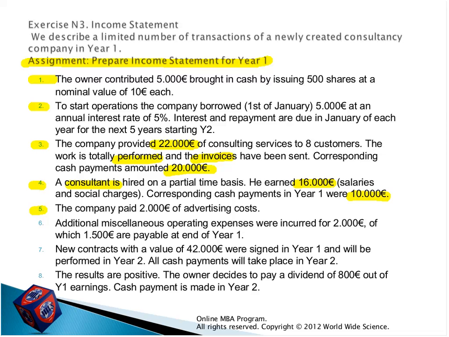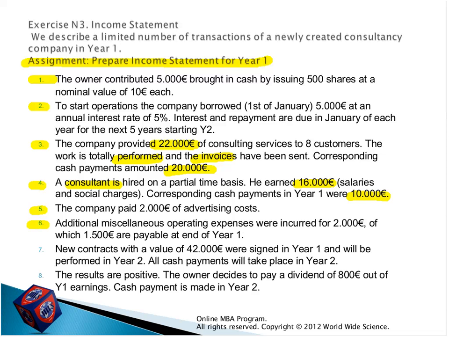Next one, number 6, additional miscellaneous operating expense, which says that small expenses were incurred for 2,000 euro, whereas 1,500 are payable at the end of year 1.